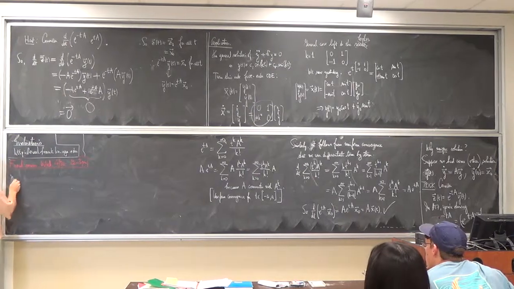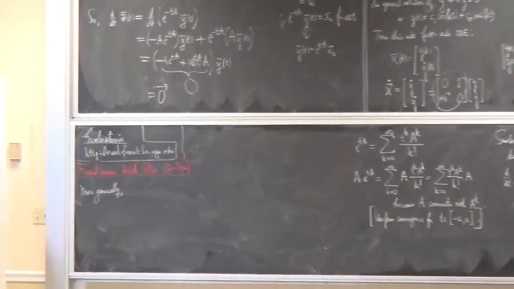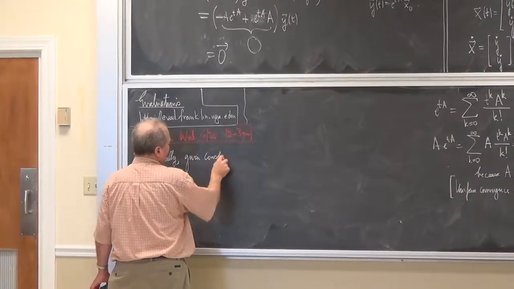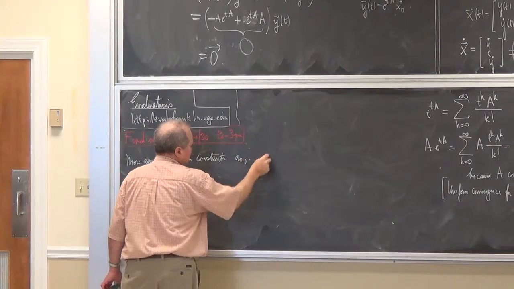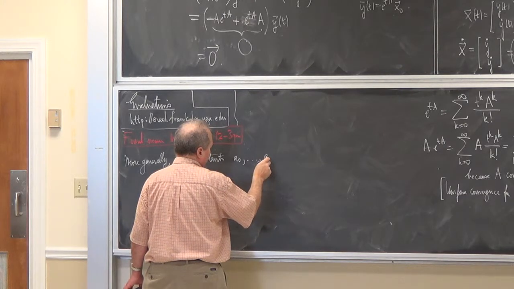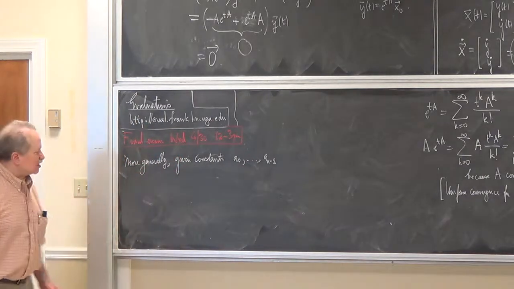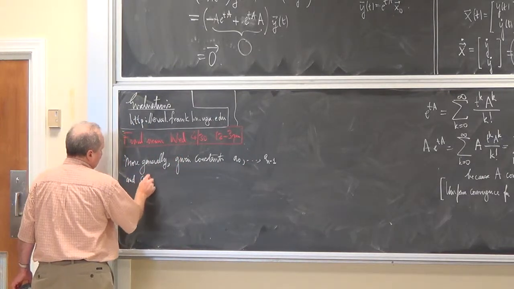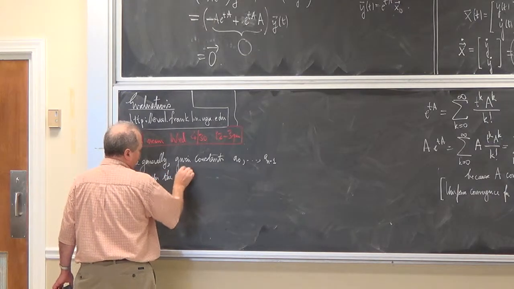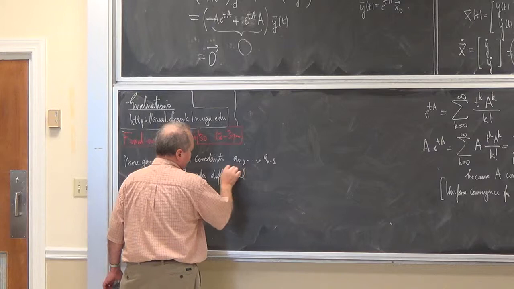So, more generally, suppose you have constants a naught to a n minus 1, and we consider the nth order differential equation.